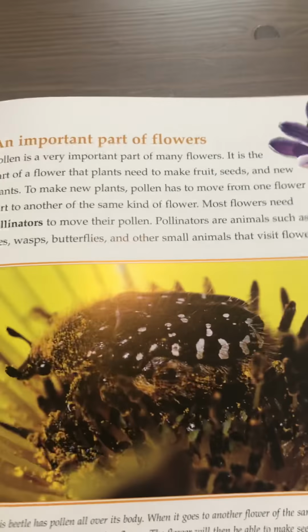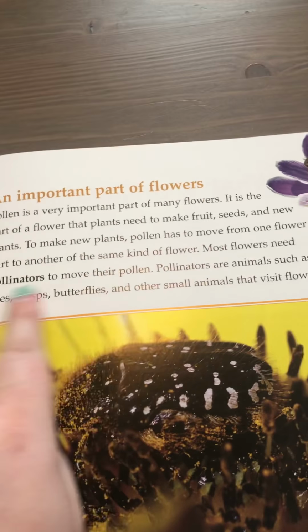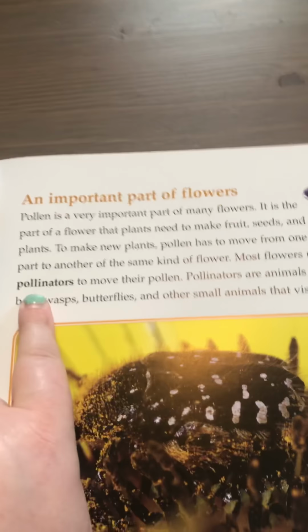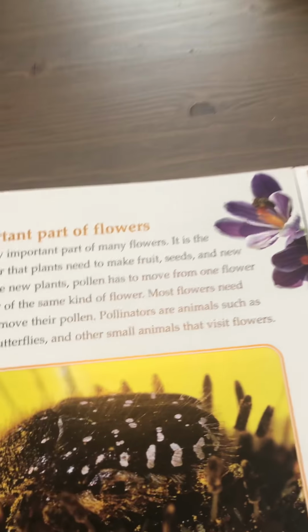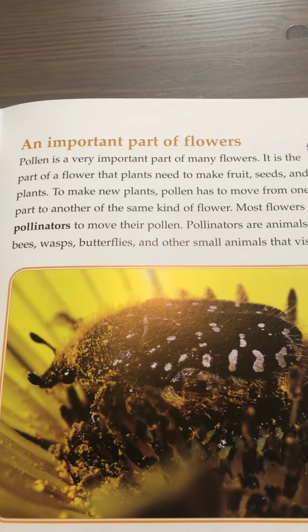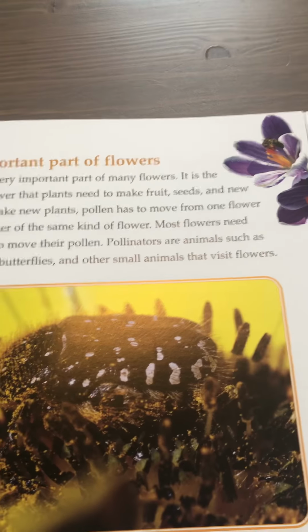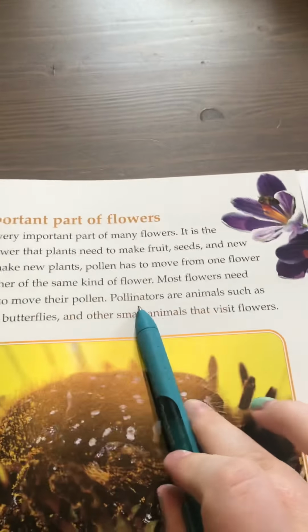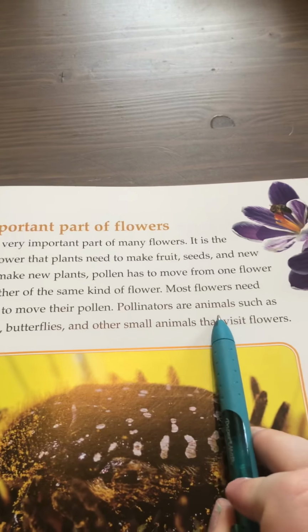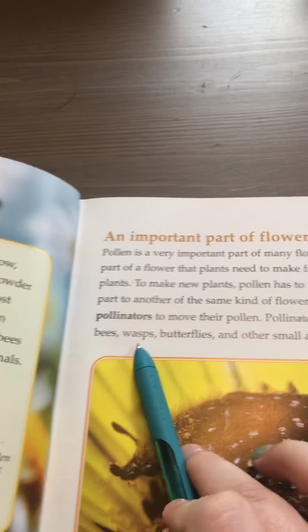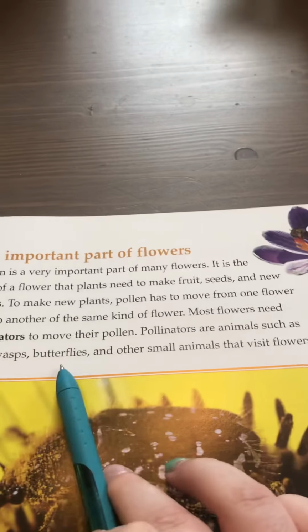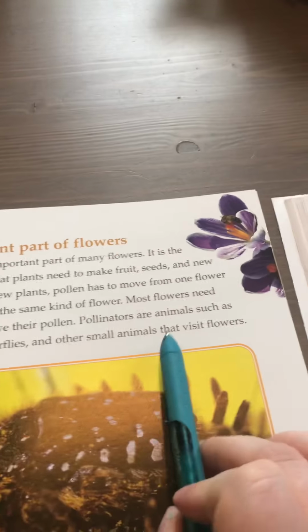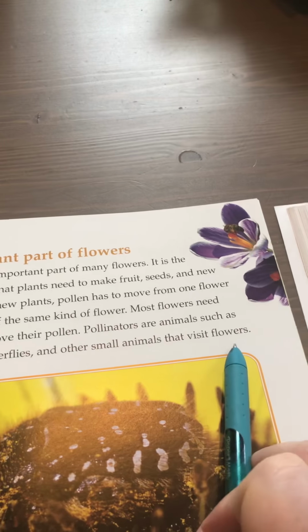So let's pop back over. And it says, pollinators in bold right here. So I'm going to zoom in around that area to see what a pollinator is. Oh, look at right here. It says, pollinators are animals such as bees, wasps, butterflies, and other small animals that visit flowers.